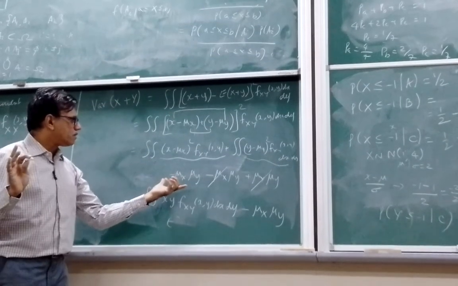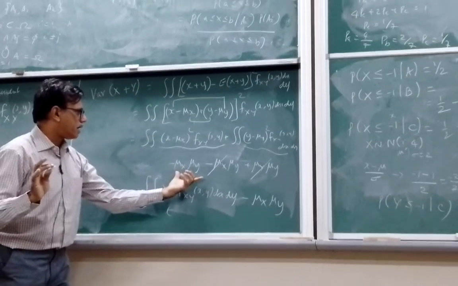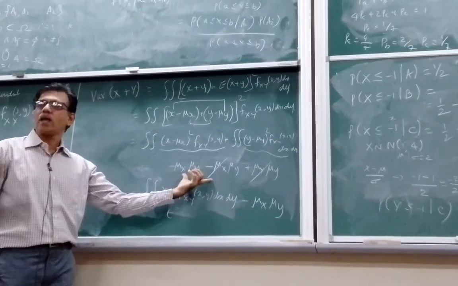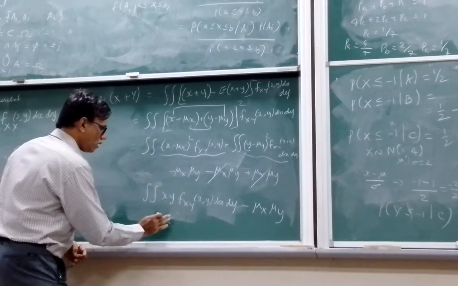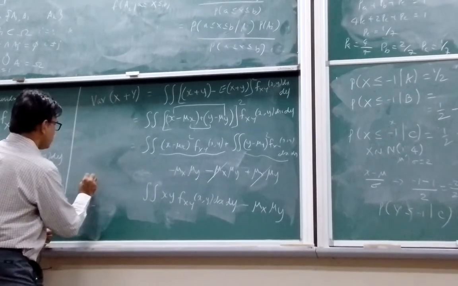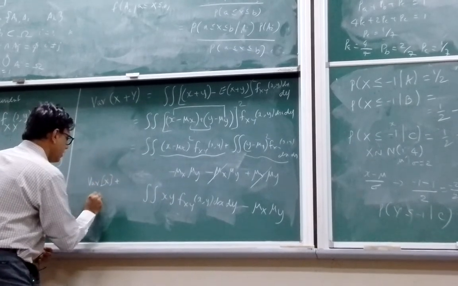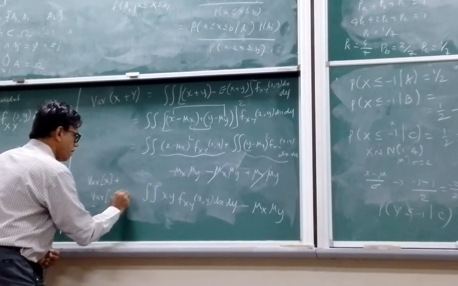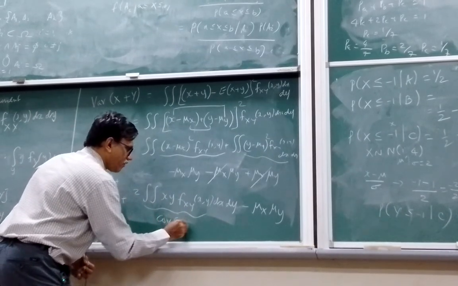And this term, what we have got remaining, is what is called the covariance, 2 times the covariance. So you will have variance of x plus variance of y plus 2 times this function, which is called the covariance of x comma y.